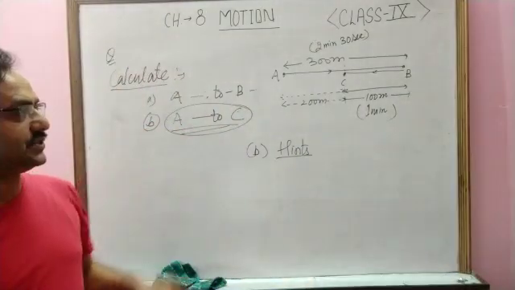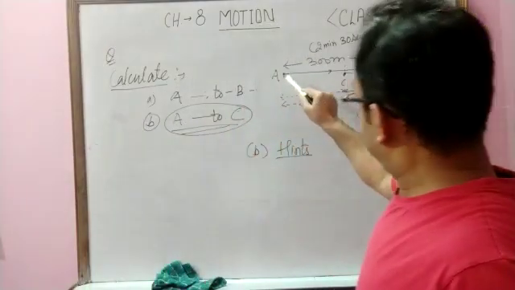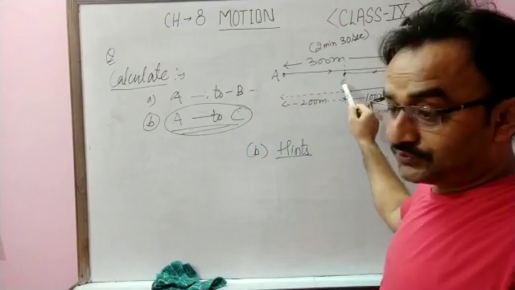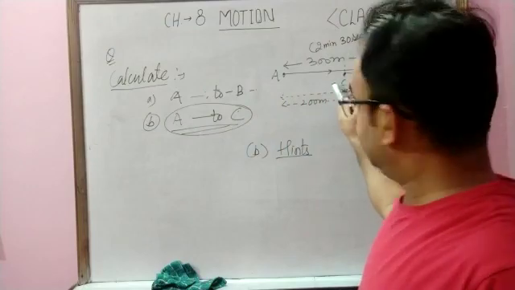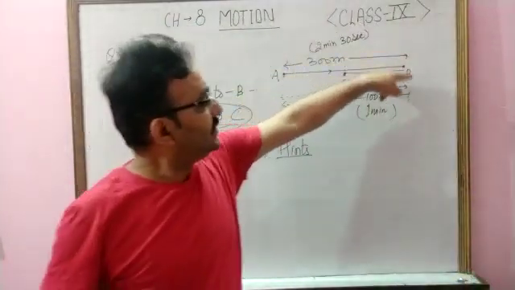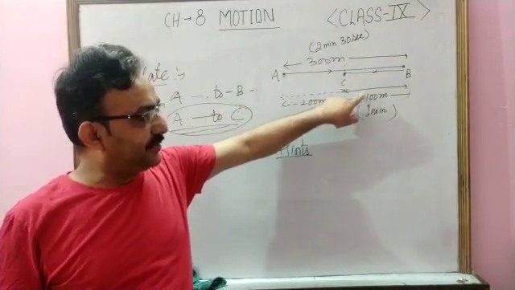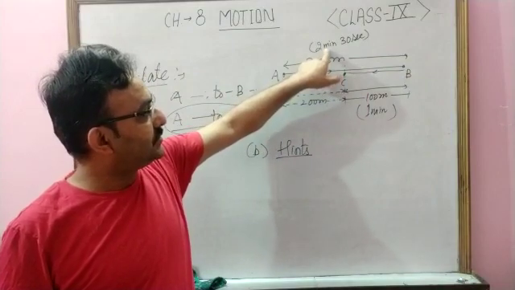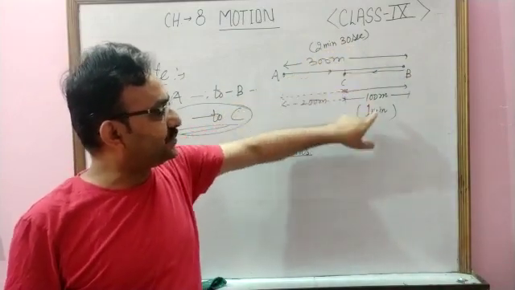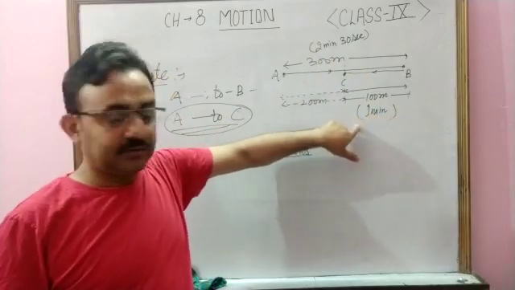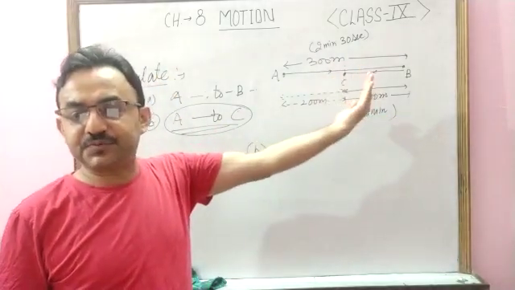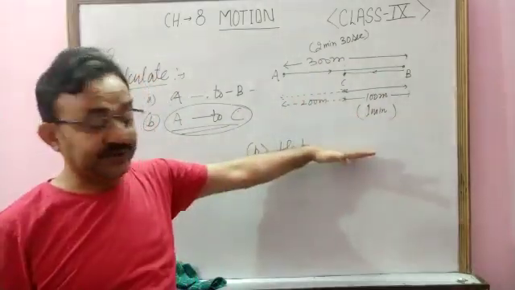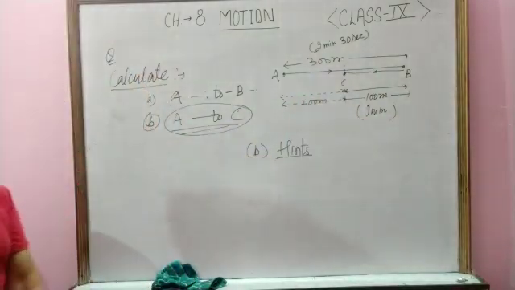Speed means distance. Now the distance for A to C is 300 meters plus 100 meters back, total 400 meters. And the time is 2 minutes 30 seconds, meaning 150 seconds, plus 1 more minute taken from B to C, so 210 seconds. Then you have to find the average speed.